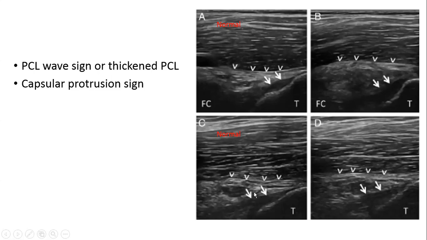Again, normal. This case is subtle. You can see again almost a linear shape or flat posterior capsule. That's the PCL. Now look at this PCL and look at the protrusion here. So this one is subtle, but you can still see the difference side to side. And of course, you clinically correlate this.